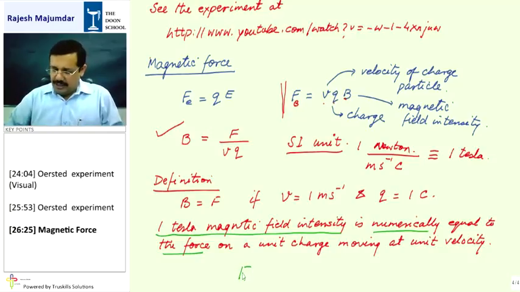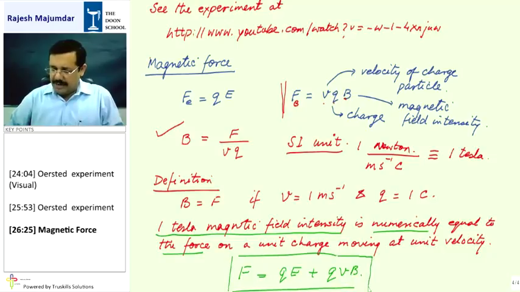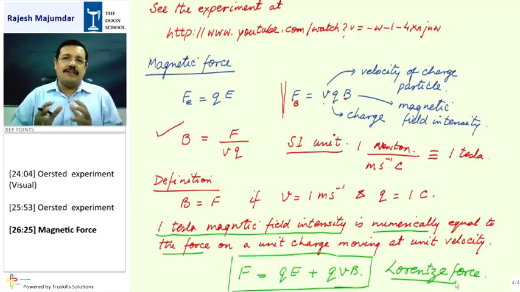Lorentz force is the total force, QE plus QVB. This total force is called electromagnetic force, and this is known as the Lorentz force. Lorentz force is the sum of electric force and magnetic force.